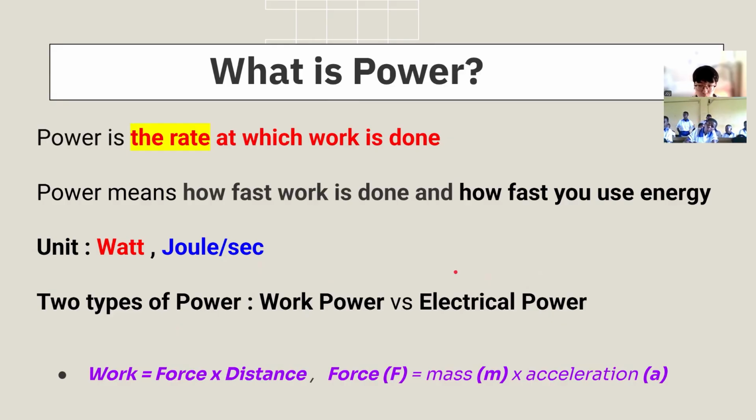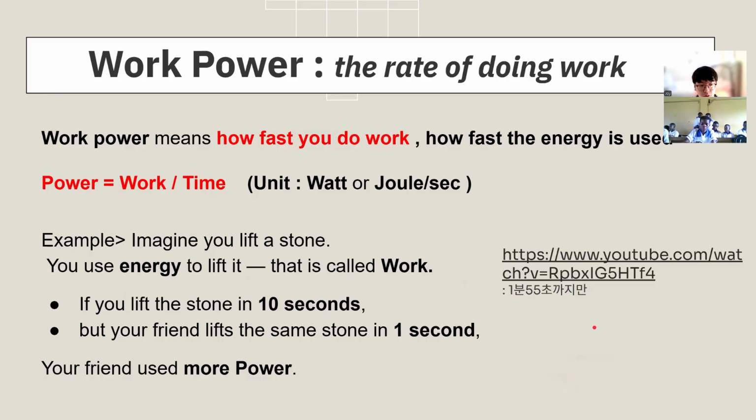But there are two main types of power that you need to know: work power and electrical power. Work power was the equation that I was talking about in the previous slide. Work power means how fast you do work.